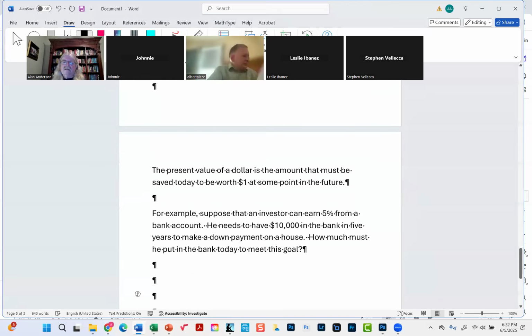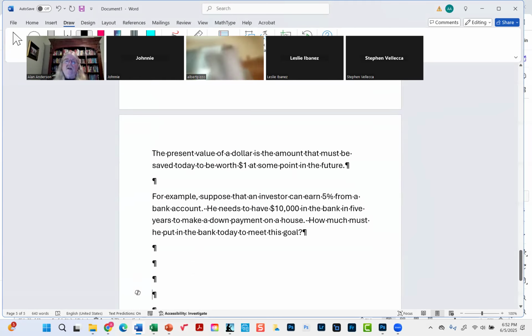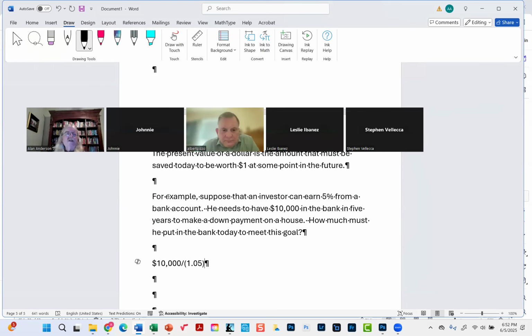Now, making the assumption that interest is only credited to our account once a year, what you're actually going to do is take the $10,000 and divide it by 1 plus the rate of interest. And the exponent will be 5 because it's a 5-year investment.